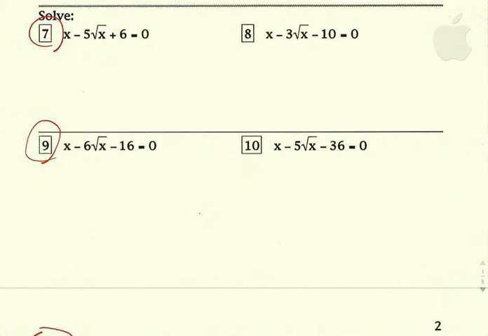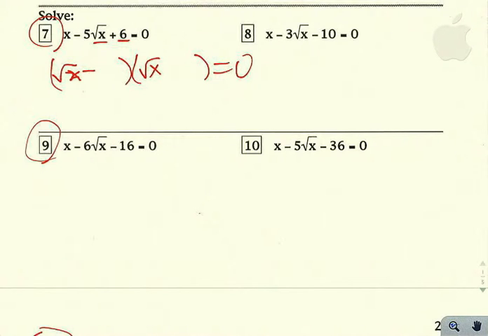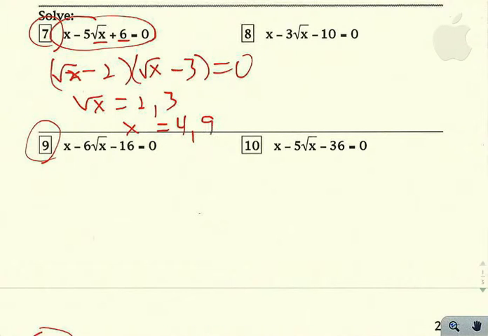First of all, you'll notice that if you take the square root of x, write it like this, and then ask yourself, what two numbers multiply to 6 and add up to -5? That'll be -2 and -3. If you FOIL this out, you will get this equation right here, which means that the square root of x is 2 or 3. Then square both sides, you get 4 or 9.